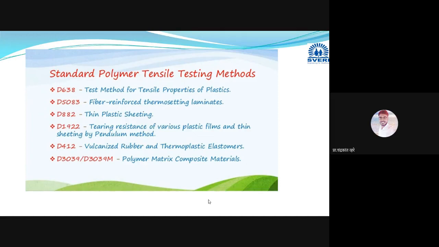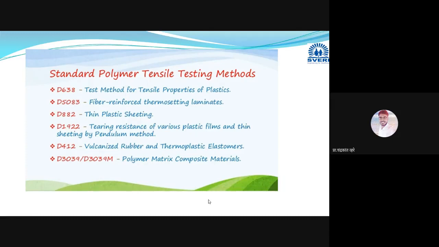Next is D3039, which we can also call D30 and M. There are different methods, but with small changes. Here, by the matrix method, we are calculating for polymer matrix composite material, using the matrices for the calculation of tensile loading.